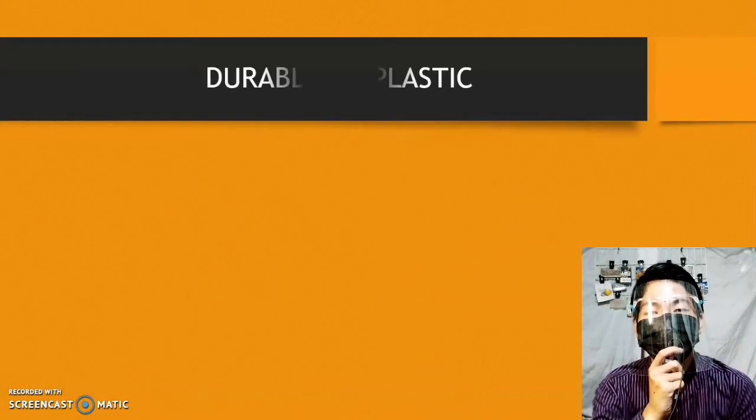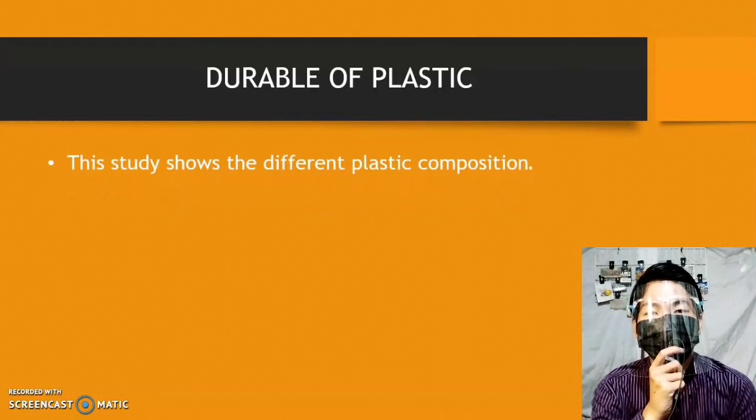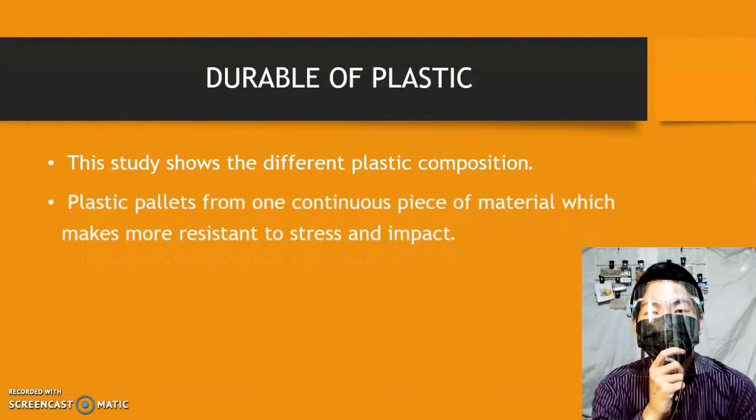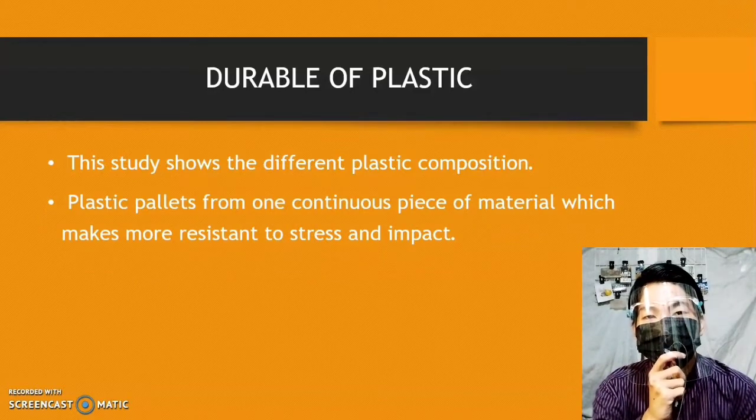The next is the durability of plastic. The majority of people often use plastic because of its great help in our daily lives. Therefore, this study shows the different plastic compositions. The researchers want to emphasize that plastic pallets are formed from one continuous piece of material, which makes them more resistant to stress and impact.